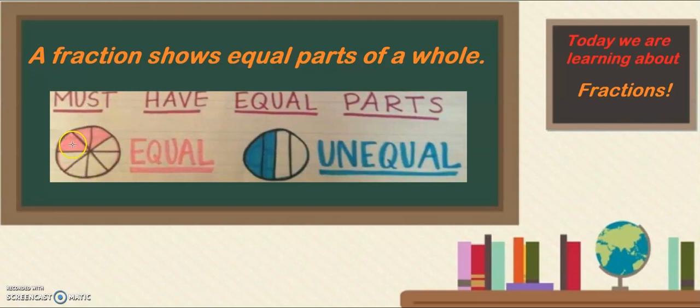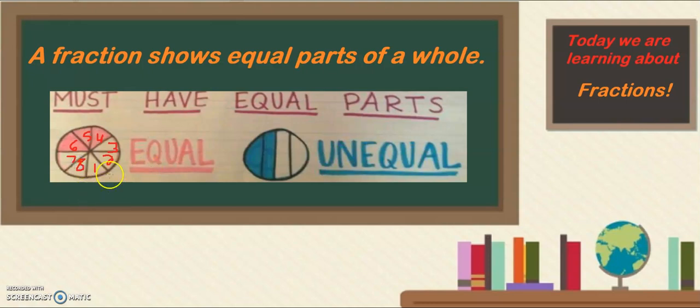So look at this circle here. It's much like our pizza pie. Let's see if I can get something that you can see a little better. This circle, the pink circle here on the left, it's cut up into how many equal pieces? 1, 2, 3, 4, 5, 6, 7, 8 equal pieces.